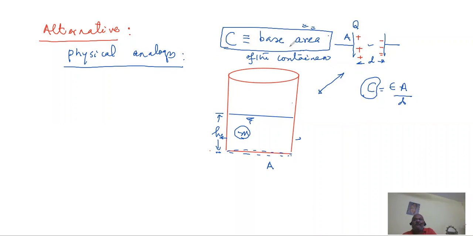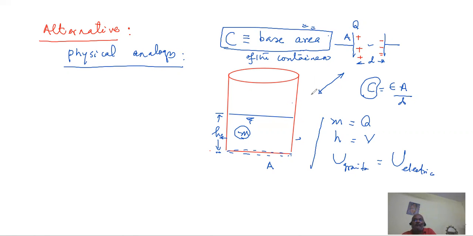But if you temporarily accept that, then the mass of the liquid can be compared with the charge. The height of the liquid can be compared with the potential difference between the plates, and the gravitational potential energy can be compared with the electric potential energy stored in the capacitor. So these can be easily seen.